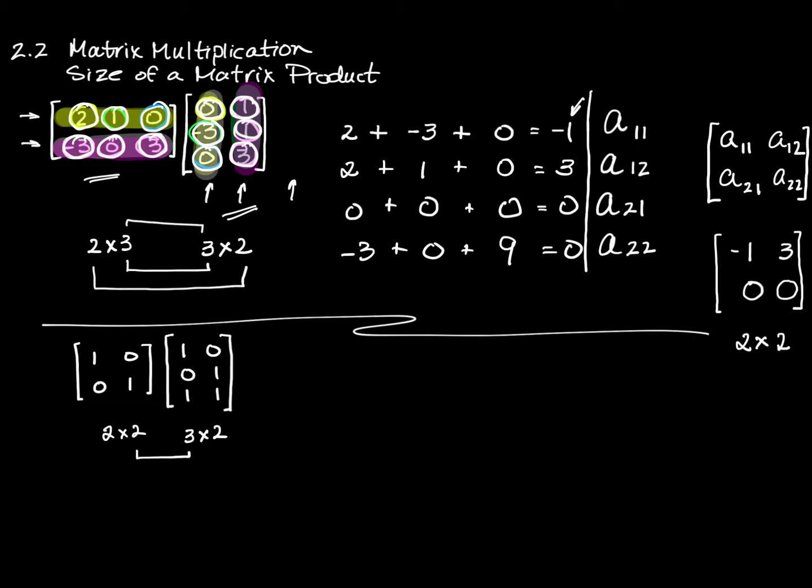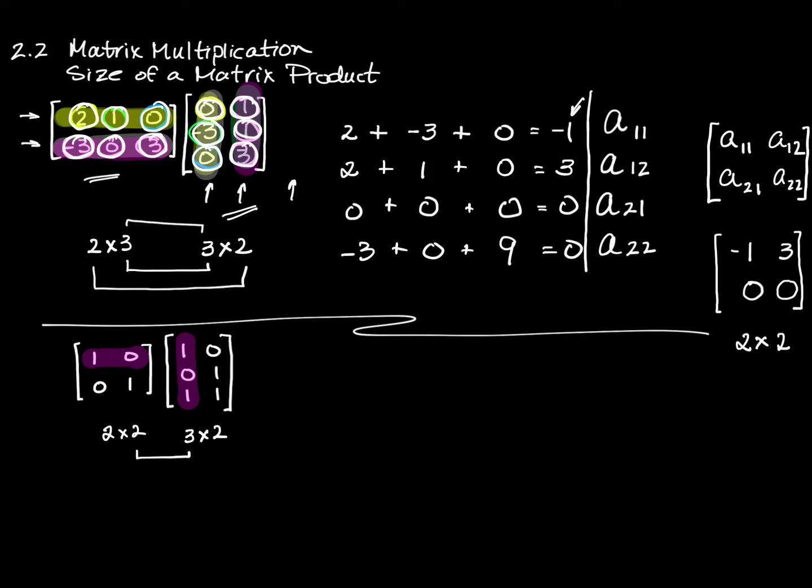high-level view of why this is happening. The product of two matrices is the entries in the first row of the first matrix times the entries in the first column of the second matrix, and then I'll add those products together.